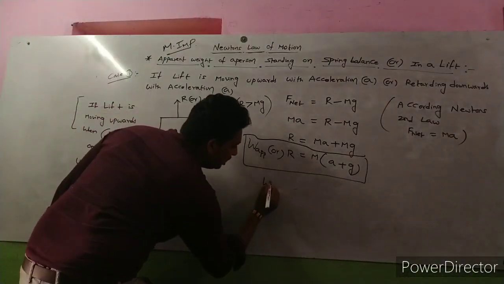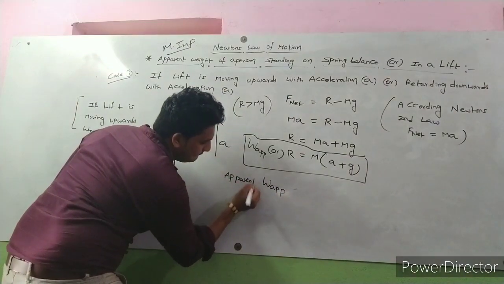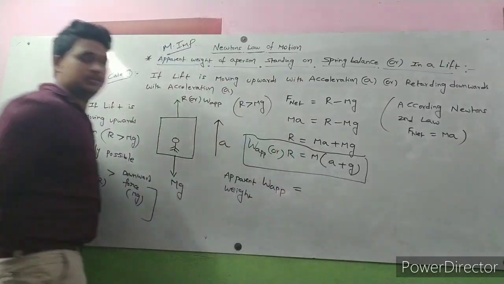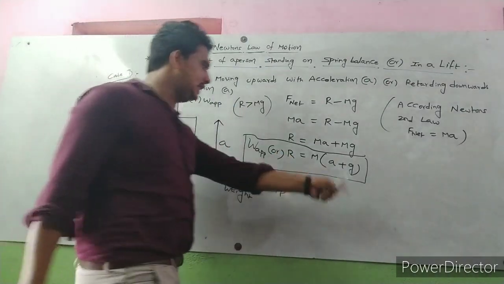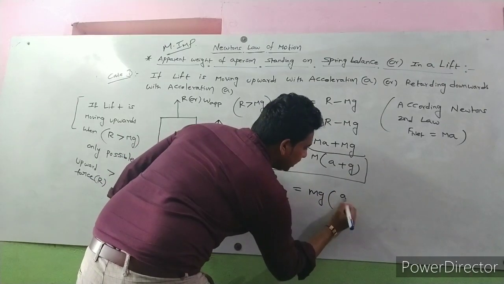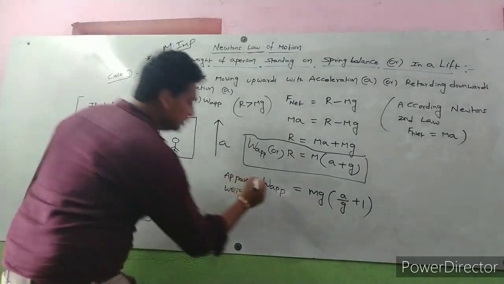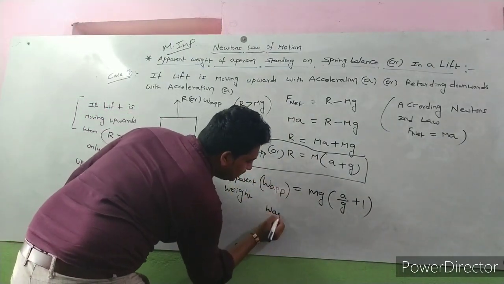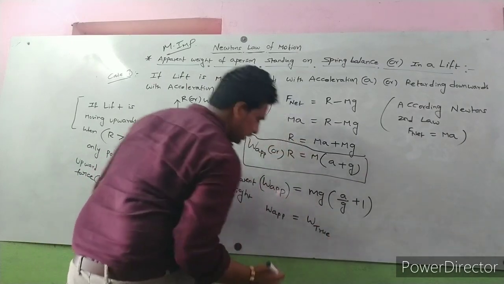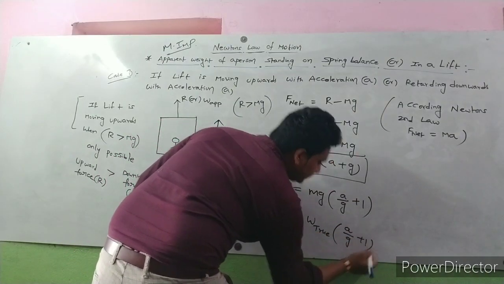Taking g common, we get m into g into (a by g plus 1). So the apparent weight is equal to the true weight times (a by g plus 1).